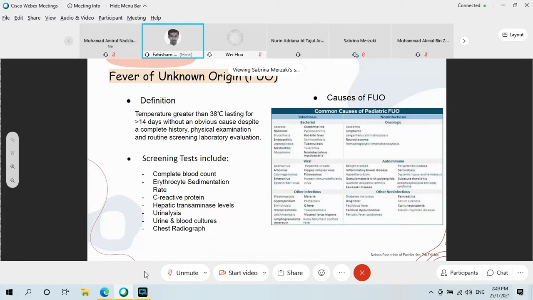Okay, TB. What about non-TB mycobacteria? What history do you need to take? You need to take some of the exotic history. Contact with animals, trekking, isn't it? Yes.